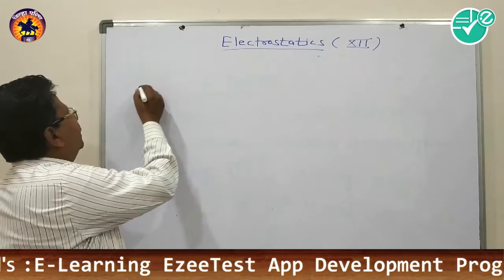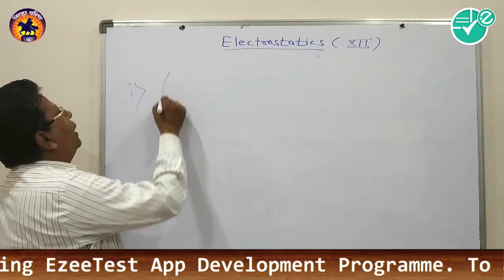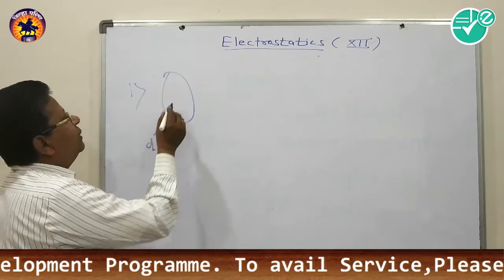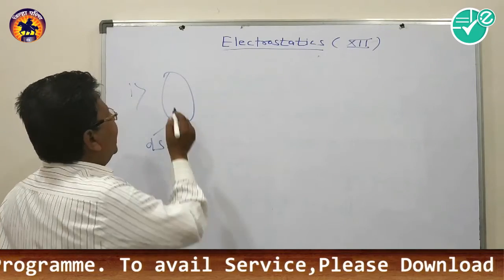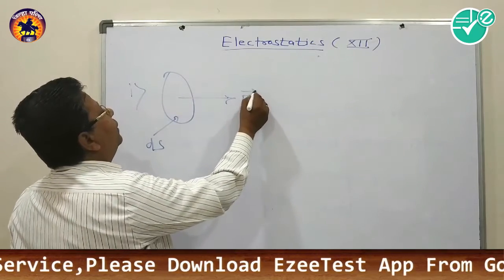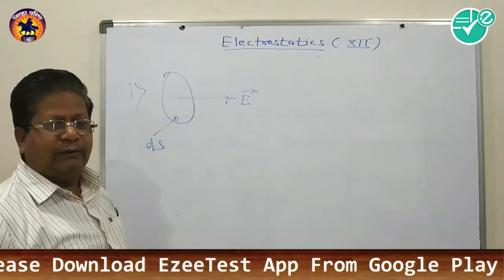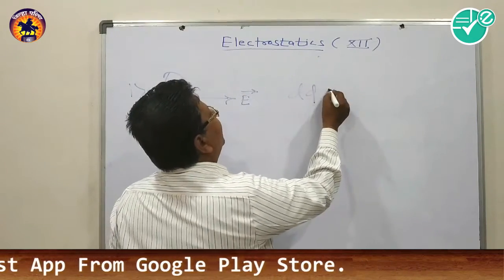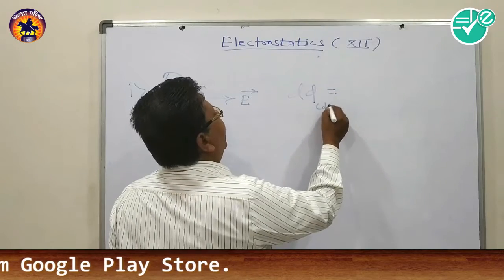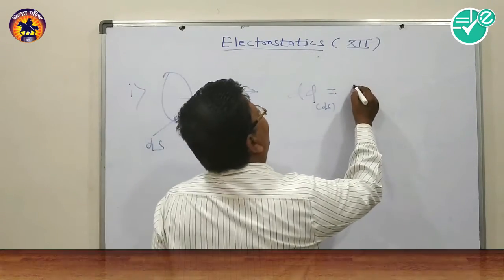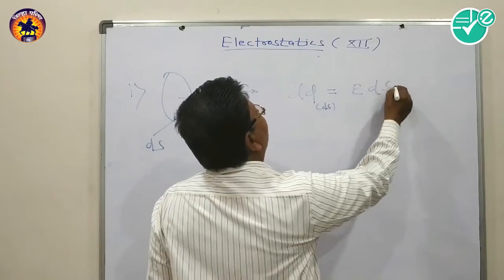Suppose that, number one, if area ds, which is in the electric field produced by the charge, is perpendicular to electric intensity, then the electric flux through area ds is d phi, given by the formula E into ds.